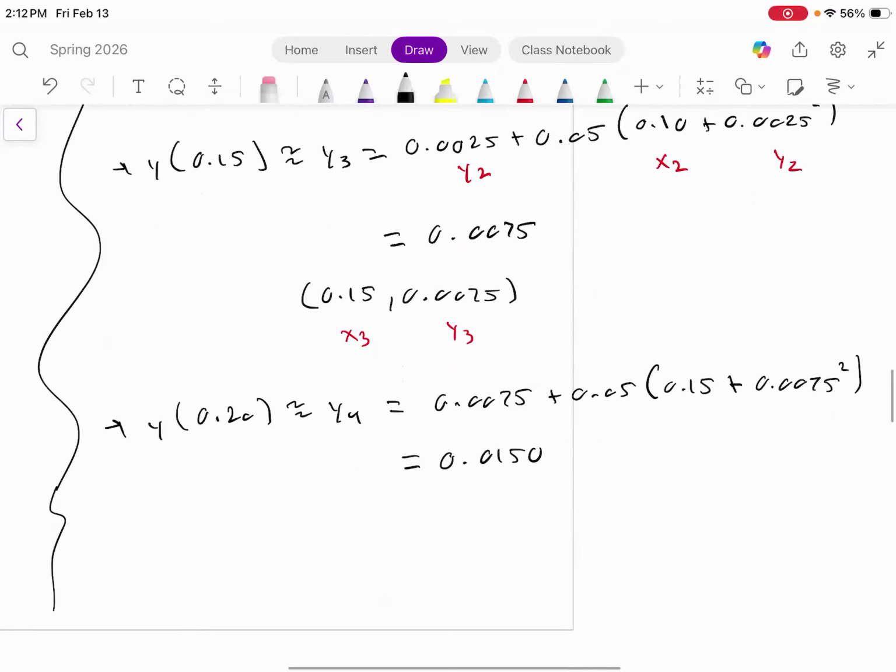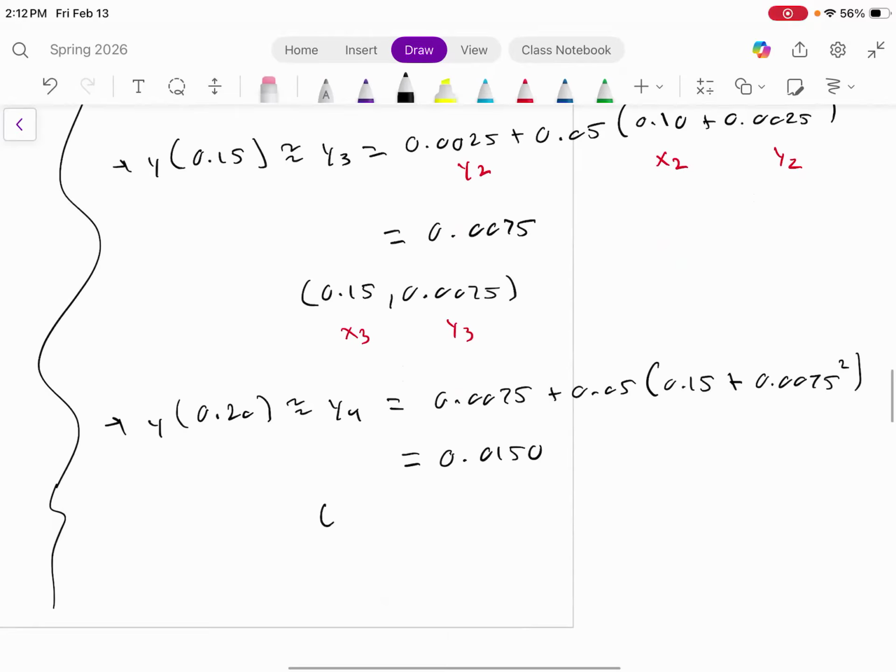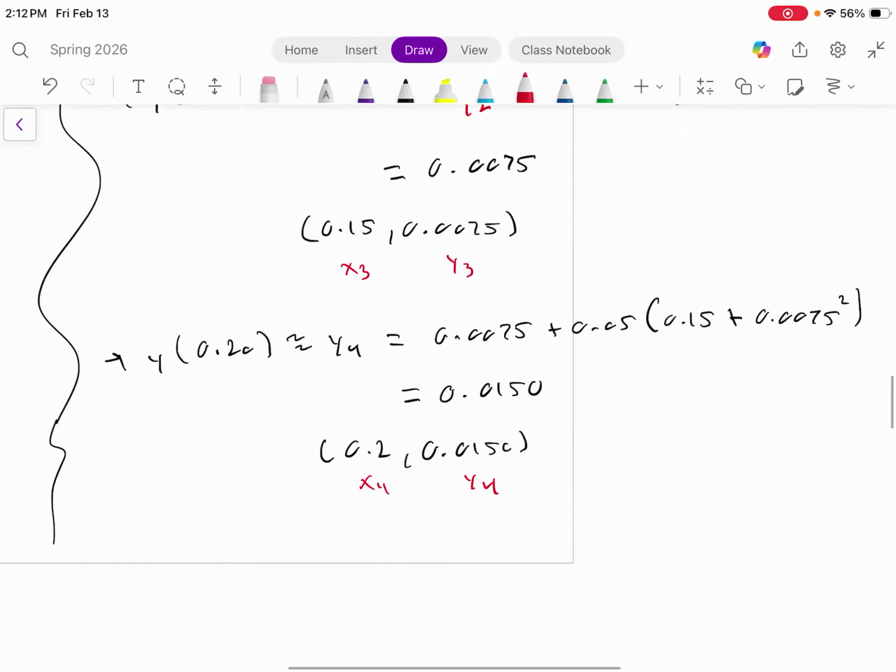And so we obtained our approximation for y of 0.2. Let's just write it out like y of 0.2, 0.0150. That's x4, that's y4. Okay, so we got our solution: y of 0.2 equals 0.0150.